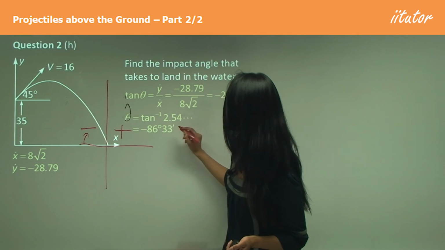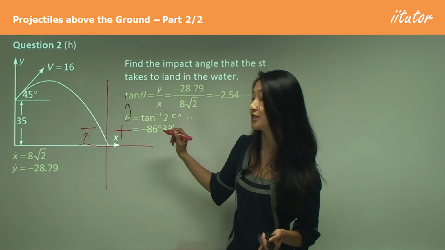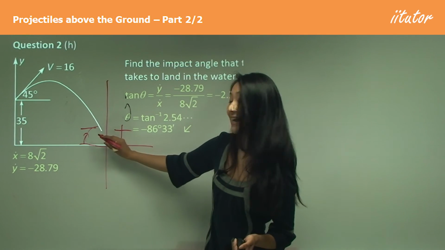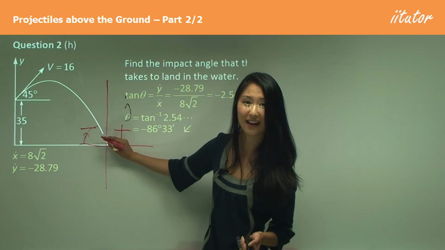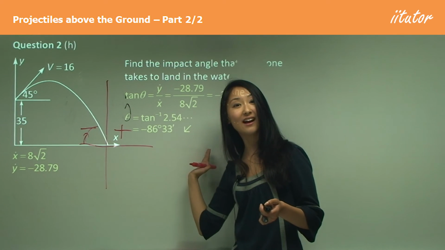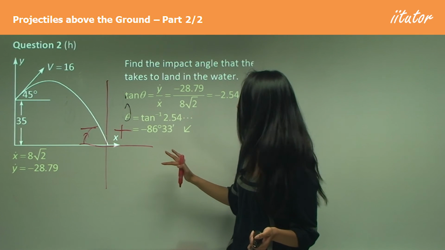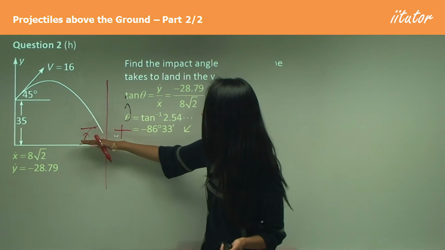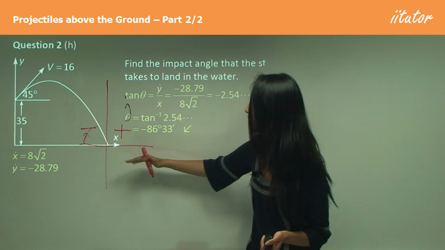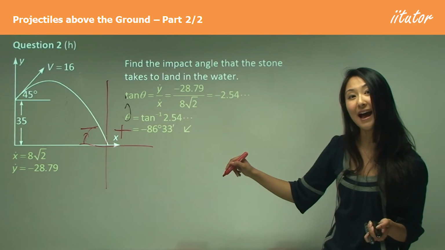So here, because it's negative 86 degrees and 33 minutes, it's going to be that angle there, which is 86 degrees and 33 minutes, okay? So just remember, negative on this side, positive on that side. Just commit that to memory.